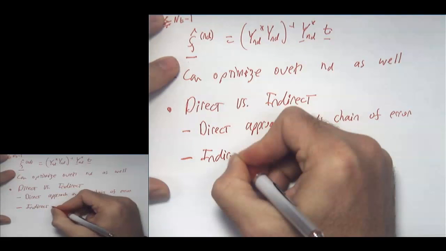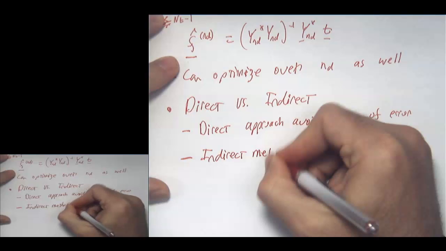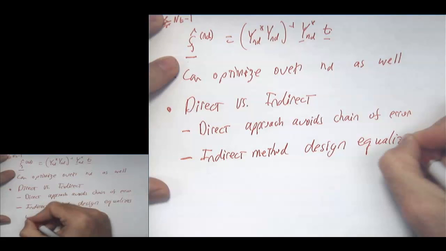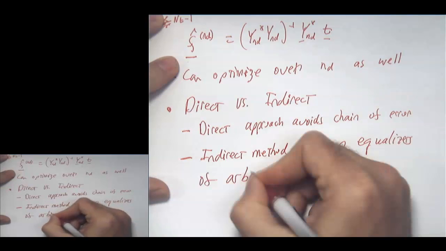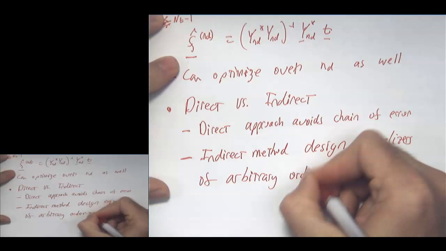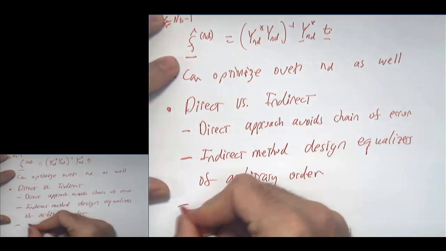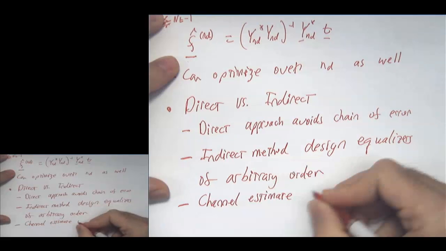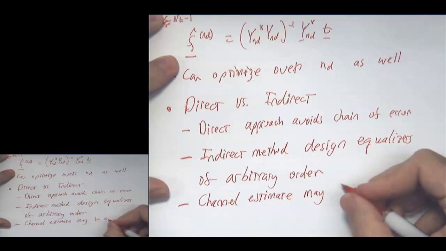This indirect method can design equalizers of arbitrary order. And finally here, the channel estimate may be used for other purposes.